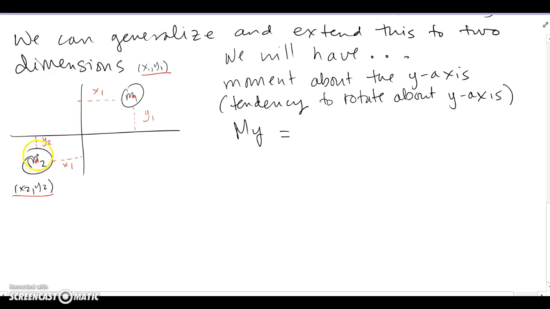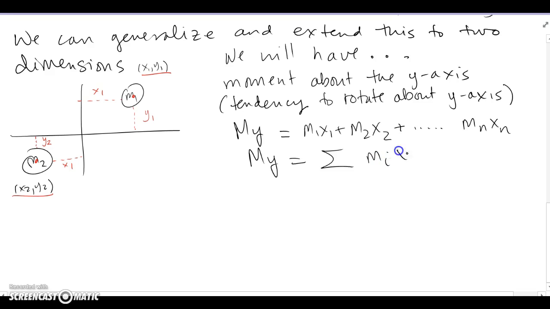Same thing for M2. How far is M2 from the y-axis? M2 is a distance of x2 away from the y-axis. So what I really end up with is M1 x1 plus M2 x2 plus, if there are more items, Mn xn. So the moment about the y-axis is really the sum of mi xi.